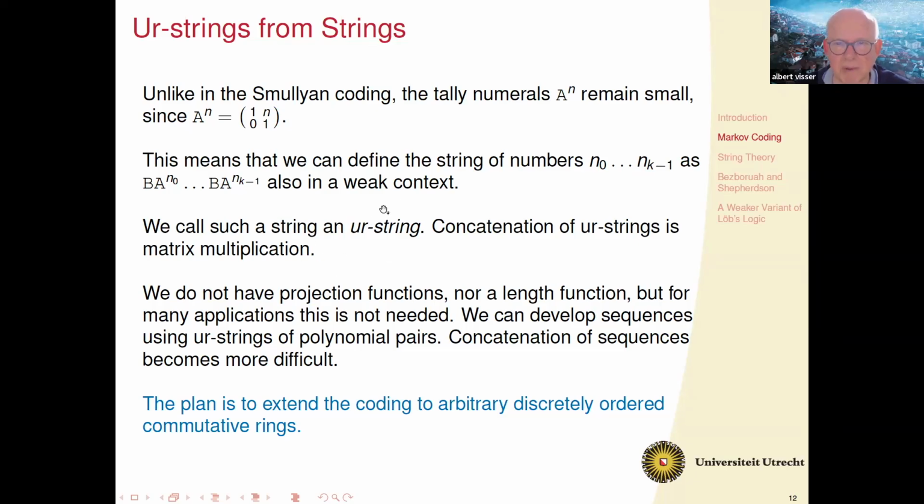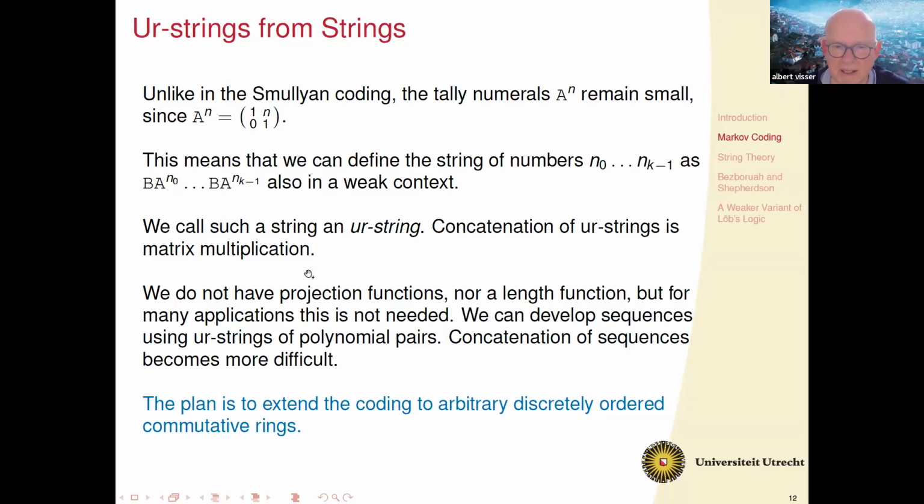So what is the difference between an Ur string and a sequence? Well, my theory is that for a sequence, you need numbers, and you need a length function, and you need projection functions, and not in some sense created in a difficult way, but it should be given with it, right? So in that sense, of course, Gödel's beta function fills the bill.